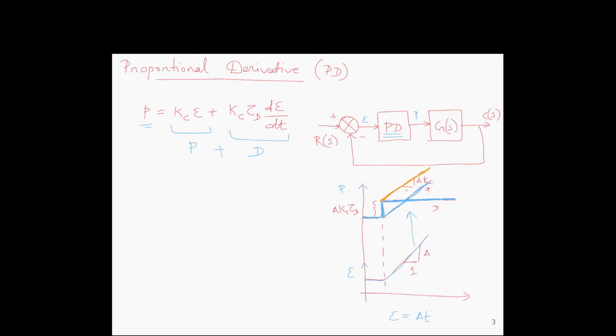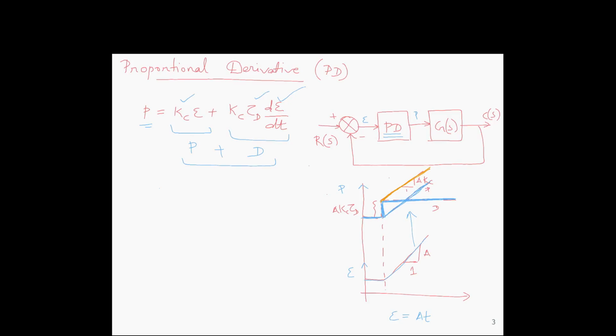Now here we have two adjustable parameters. One is the gain Kc, another is the derivative time tau d. So these two parameters we can adjust to get a suitable proportional derivative controller. This controller is also called a rate controller due to the influence of the derivative part, or anticipatory control.